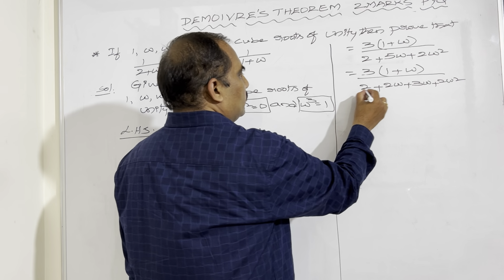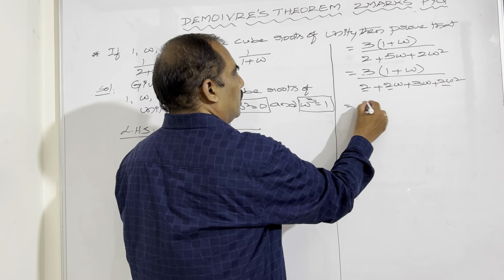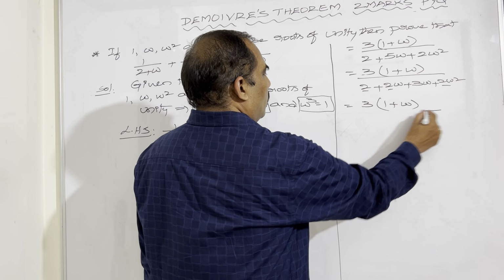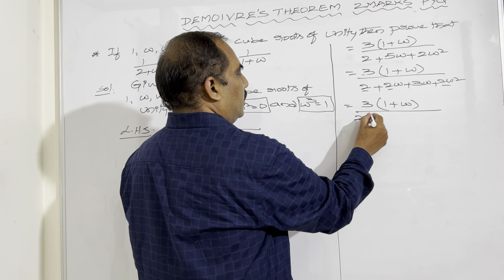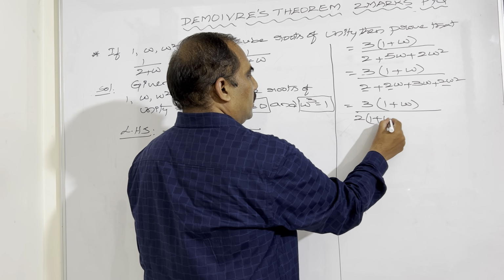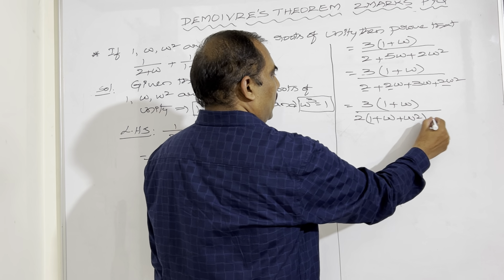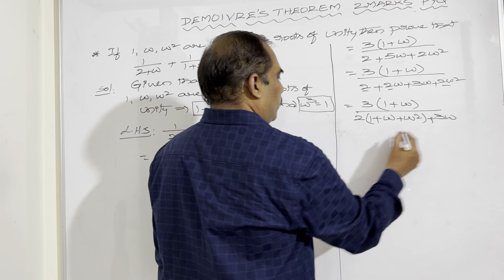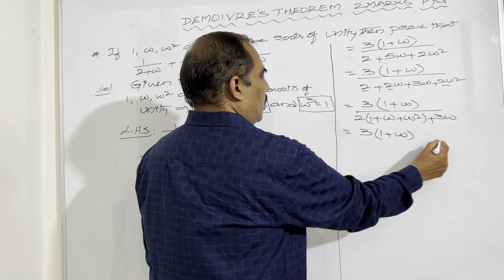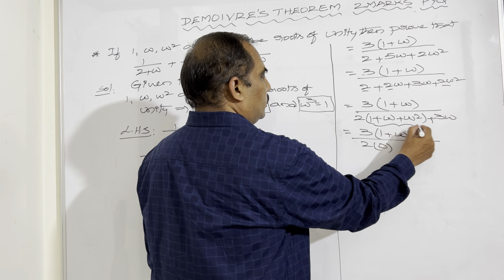From these three terms in the denominator, if you take 2 common, it can be written as 3 into 1 plus omega whole divided by 2 into 1 plus omega plus omega square, plus 3 omega.